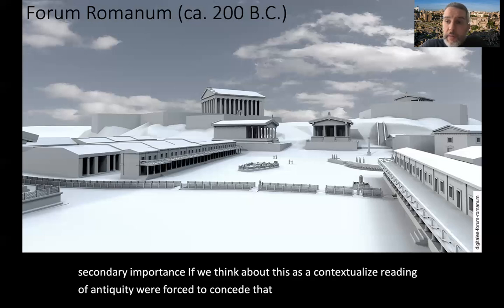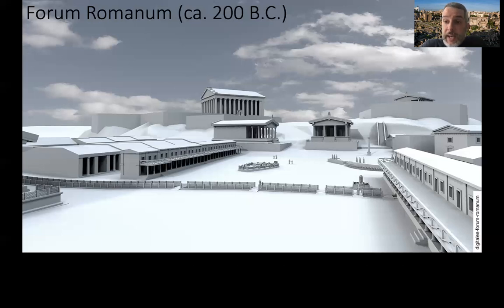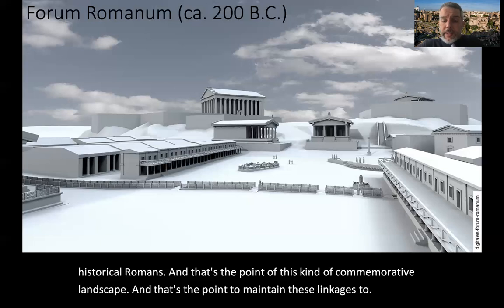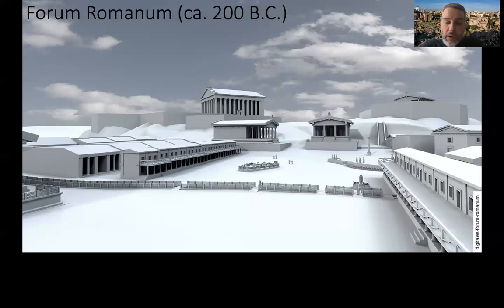In other words, the mytho-historical tradition plays a role in manifesting meaning and identity in contemporary times for historical Romans, and that's the point of this kind of commemorative landscape, and that's the point to maintain these linkages to past time, is that they play a valuable part in helping to reaffirm and re-up the ways in which Rome came to be and how Romans are all connected together.